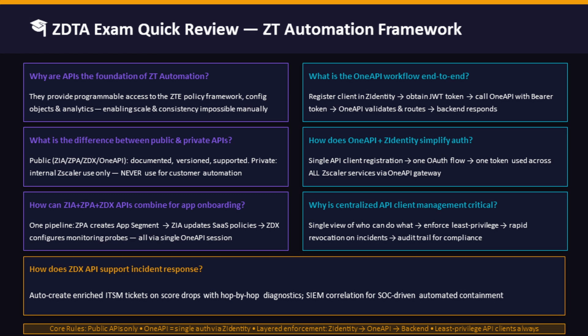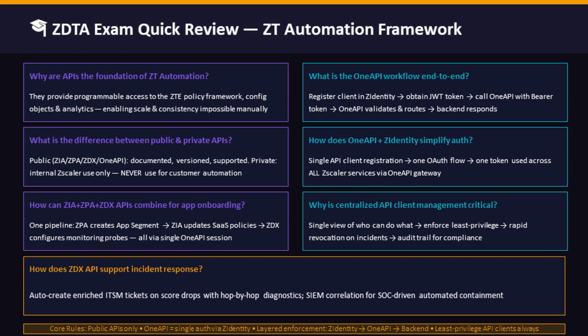5. How can ZIA, ZPA, and ZDX APIs combine for new application onboarding? One pipeline. ZPA API creates the app segment and access policy. ZIA API updates URL filtering and SaaS policies. ZDX API configures monitoring probes.